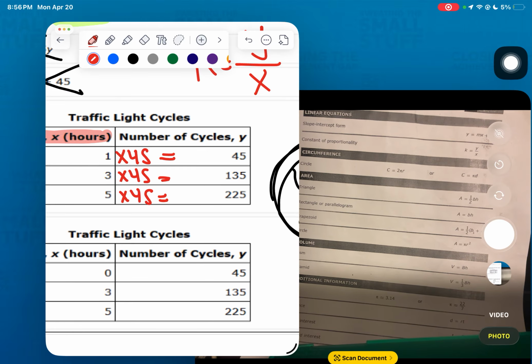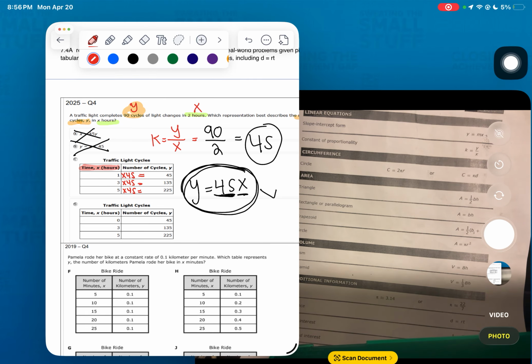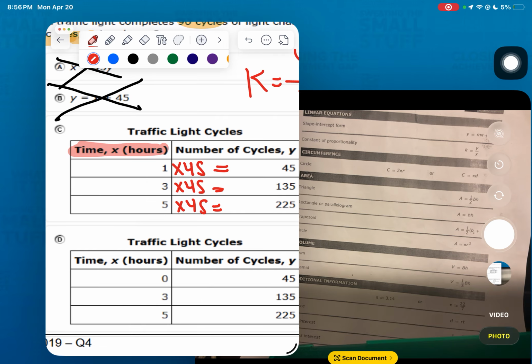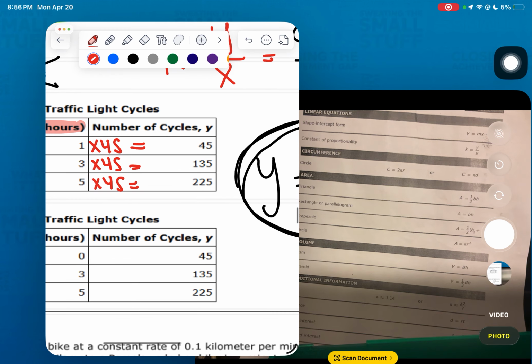And then we're going to check that these answers are correct. If they are, then that's gonna be my answer choice. Again, we need to check that each of these x values, and they tell me right here which ones are x, have to be multiplied by 45.